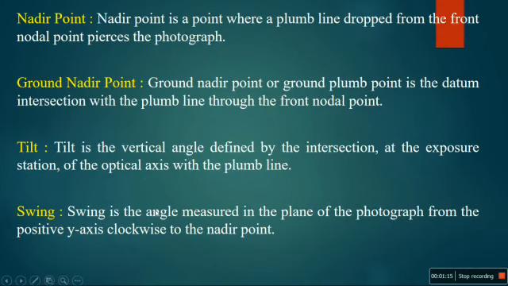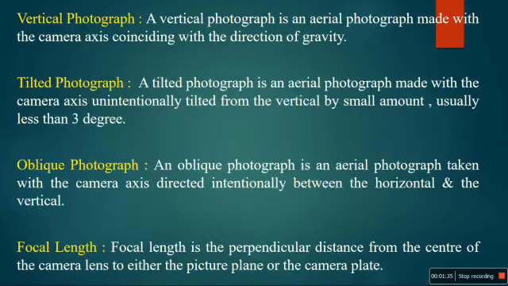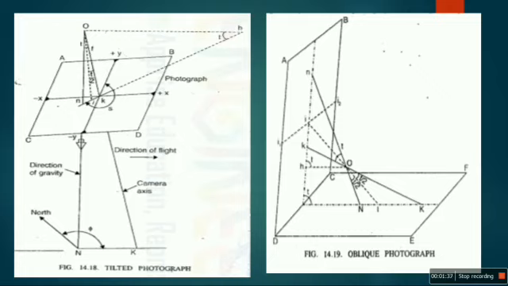Next one is nadir point. Nadir point is a point where a plumb line dropped from the front nodal point pierces the photograph. Just observe this figure. Here the camera is mounted, and at this level we are hanging a plumb bob, and it touches here, and this plumb line passes vertically downwards to the ground.